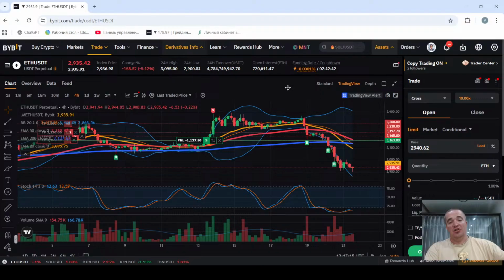It was from 3,400, but okay, from 3,300, and it goes down to 2,900, which is a huge drop down. Of course it creates a big drawdown.